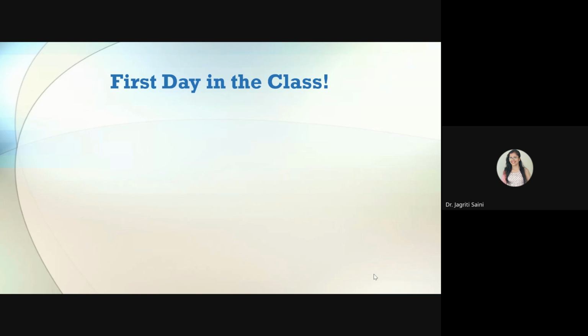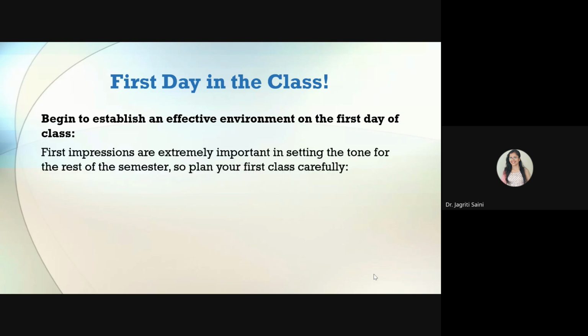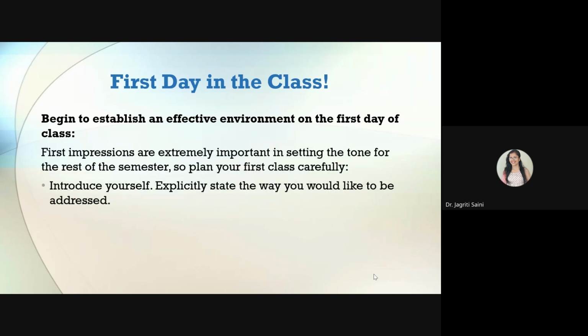Definitely, we need to think about all these things, and this is the best way to build up a class scenario. So when this is your first day in the class, we need to establish an effective environment for the first day. And how can we do that? The very first thing, introduce yourself. Most of the time we focus on taking the introduction of the students. That is also a part, that is also fine, depending upon how big your class is and what kind of backgrounds your students have.